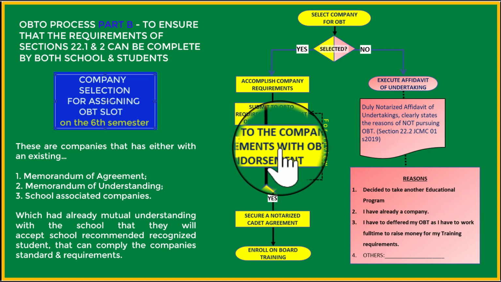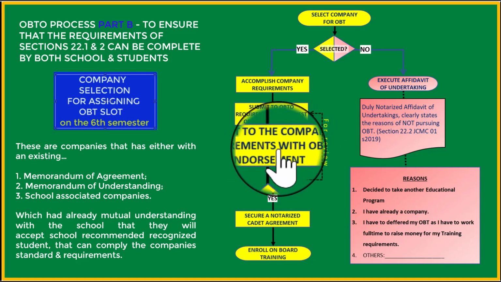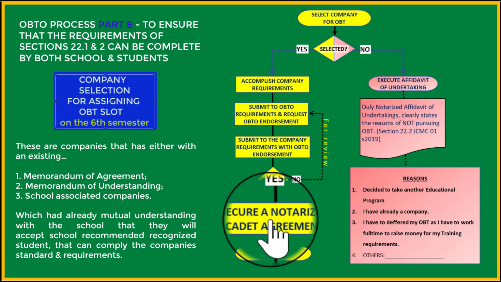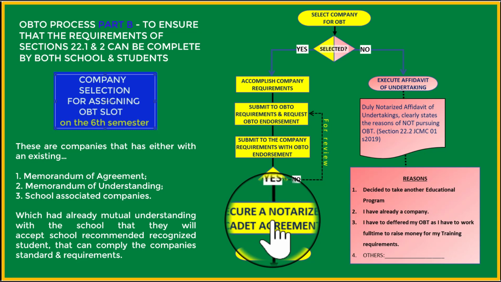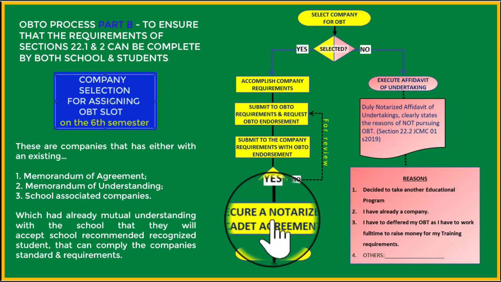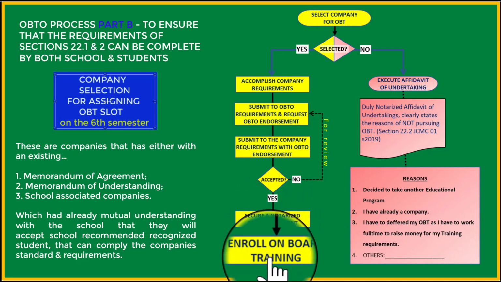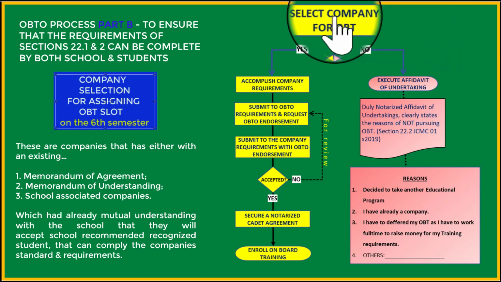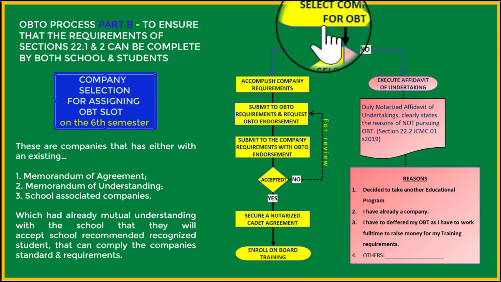And then once you are accepted by the company, secure a notarized cadet agreement. With this notarized cadet agreement, you can now enroll your onboard training. So I will repeat. Select a company.